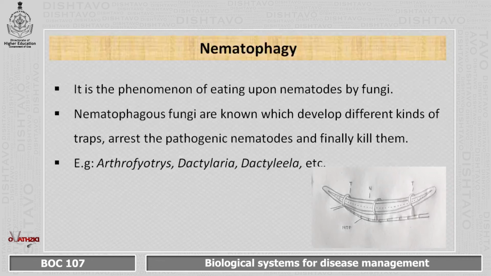Now next is nematophagy. Nematophagy is the phenomenon of fungi feeding upon nematodes. Here the nematodes are attacked by the fungi. Nematophagous fungi are known to develop different kinds of traps. Here you can see this T indicates the traps made by the nematophagous fungi, which arrest the pathogen.